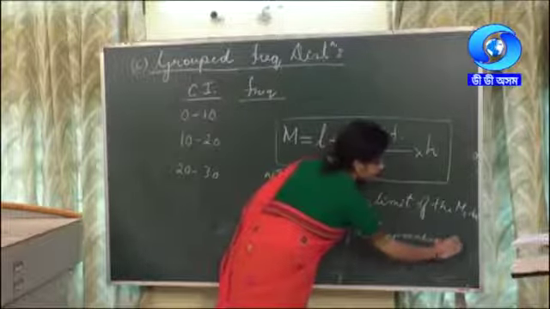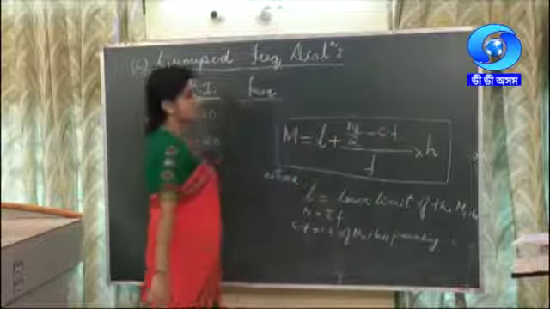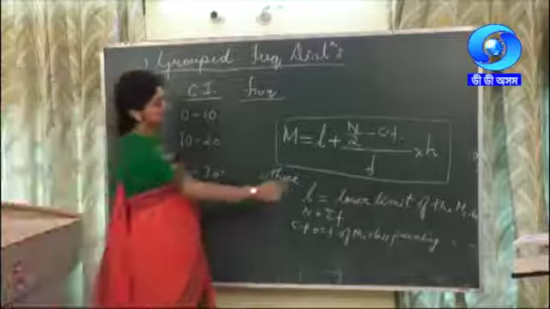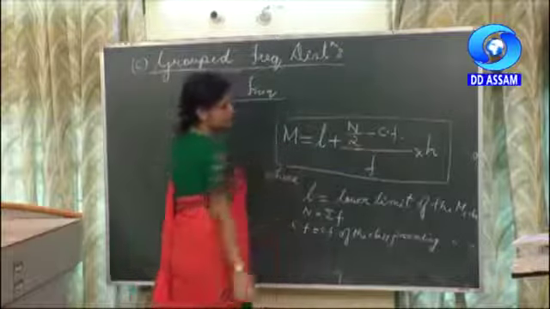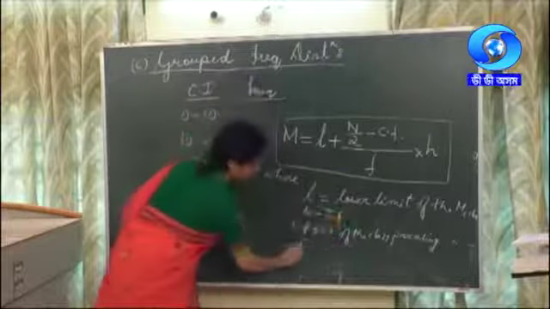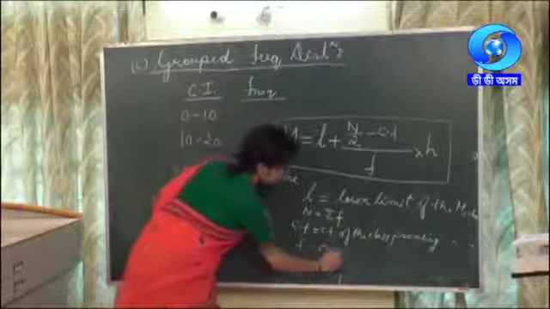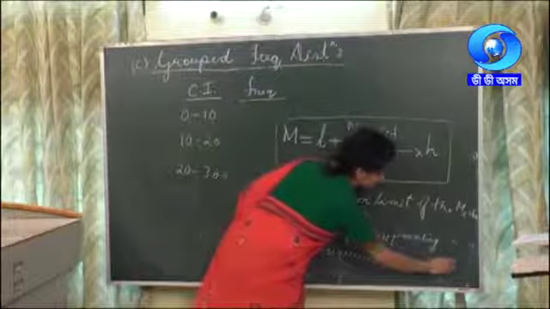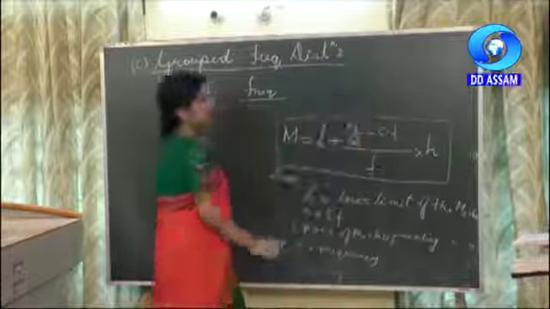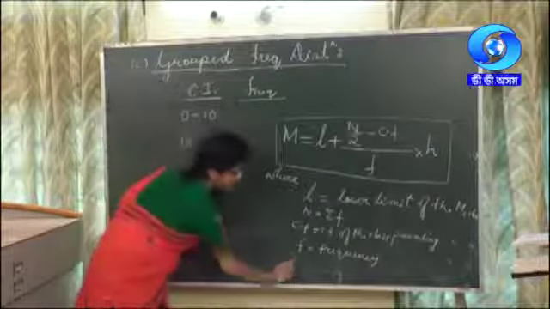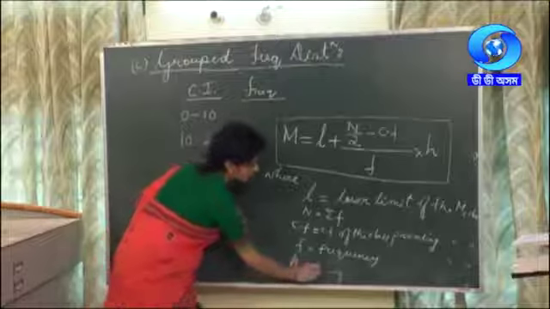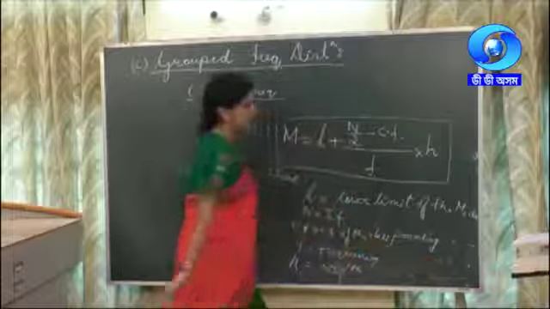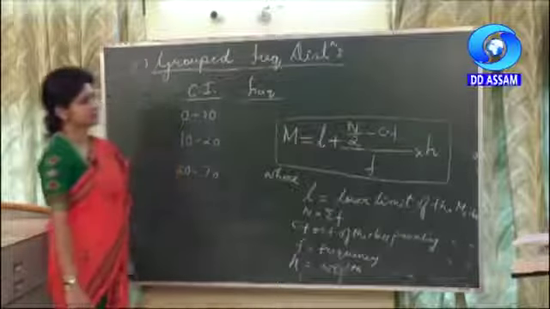I'll tell you what is a median class. What is F? F is the frequency of the median class. And H is the width of the median class.